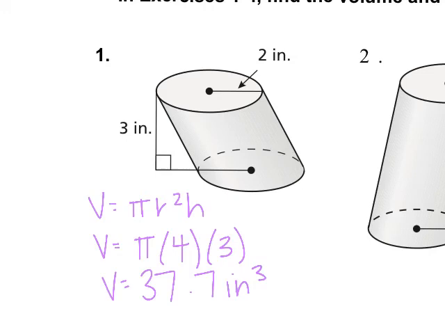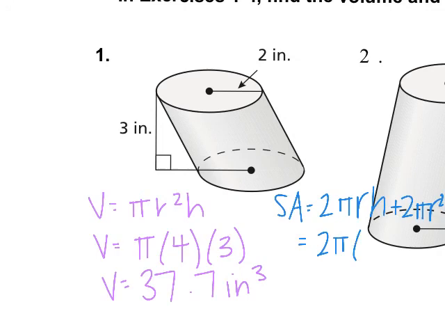All right, so surface area is equal to 2 pi RH plus 2 pi r squared. All right, so 2 pi times the radius of just 2 times the height of 3, plus 2 pi. What's r squared? 4.